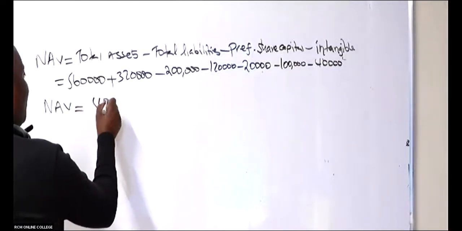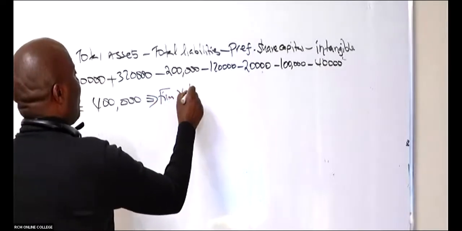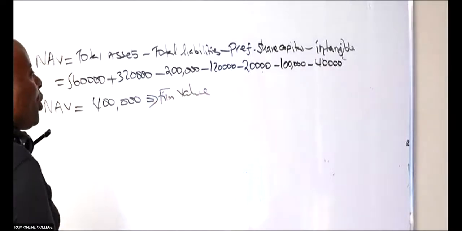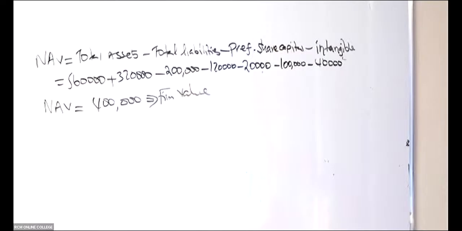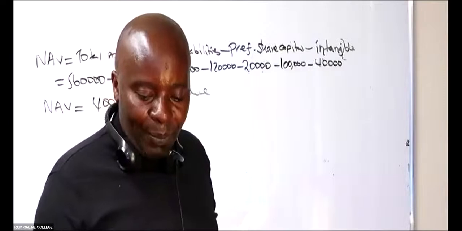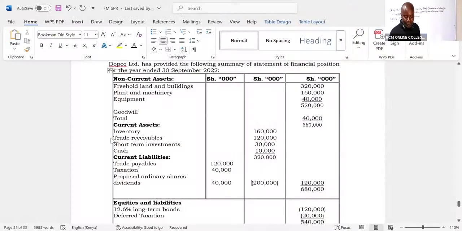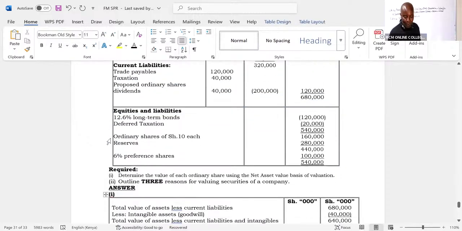So this is the value of the firm. At times they will ask you to provide what we call, ladies and gentlemen, the value per share or NAV per share. If you look at this question, they want me to give them the value of each ordinary share using the NAV.